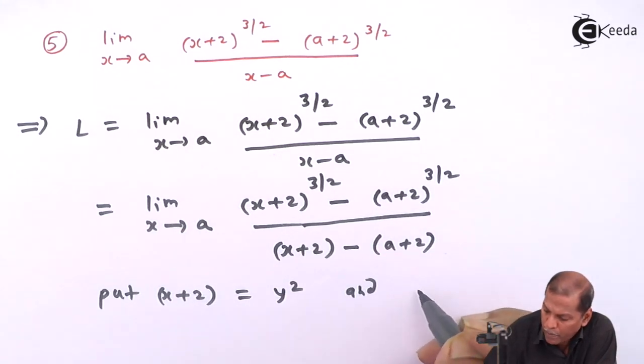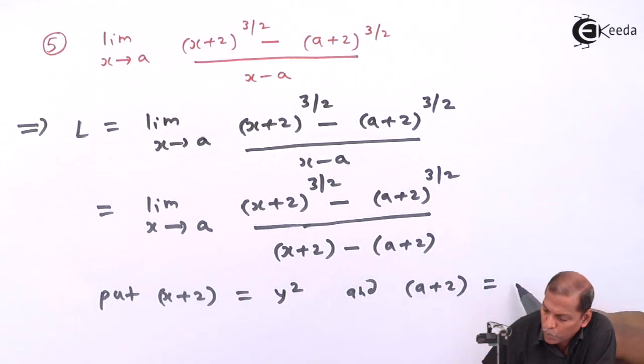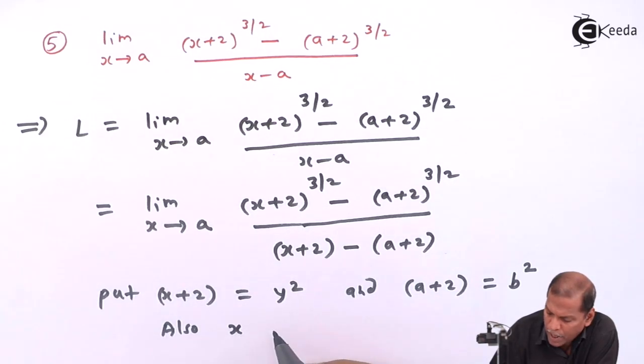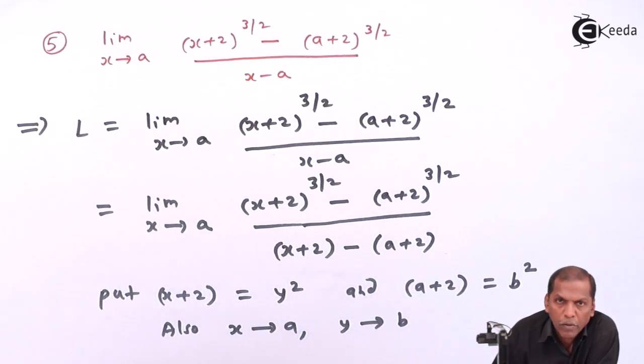At the same time, we put a plus 2 is equal to b square. Also, limit as x tends to a, here we get y tends to b.